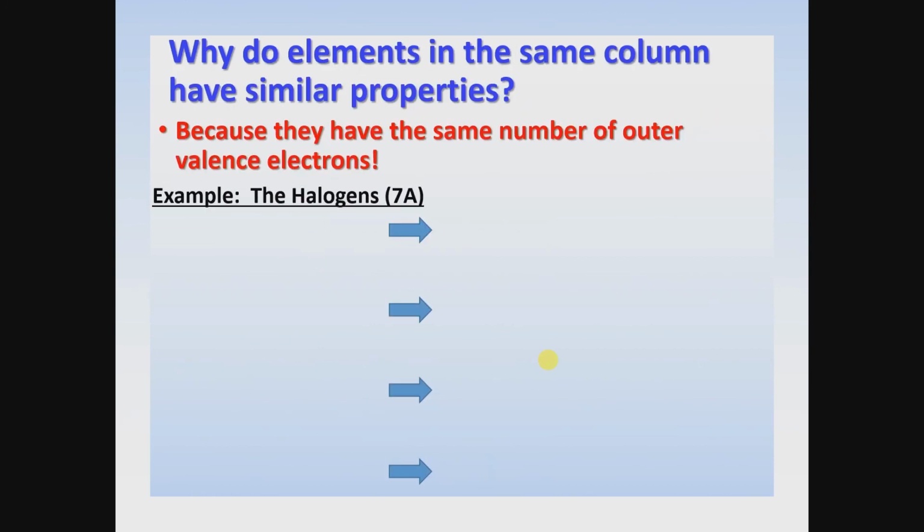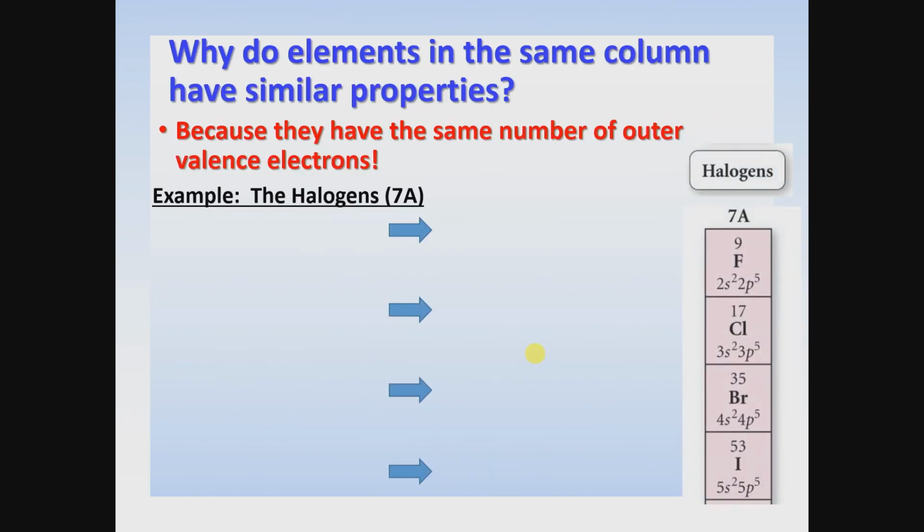Okay, the last thing I want to go over is something very important in chemistry. You're now at a point where you can really understand why elements in the same column have similar properties. Why would elements have similar properties? That's a good question to ask yourself. What would be the requirements?